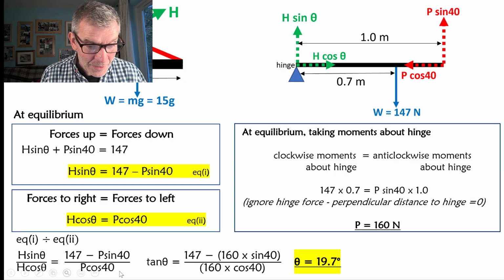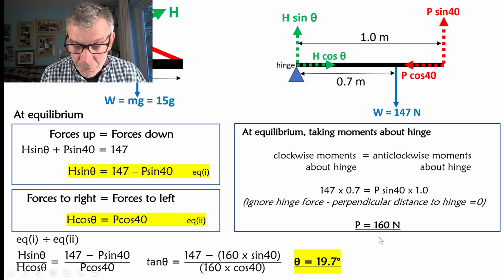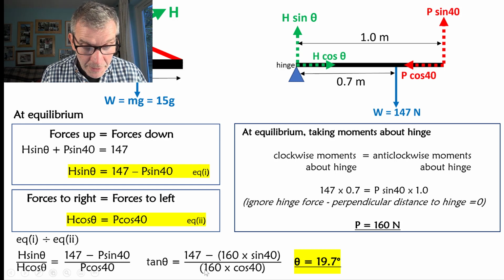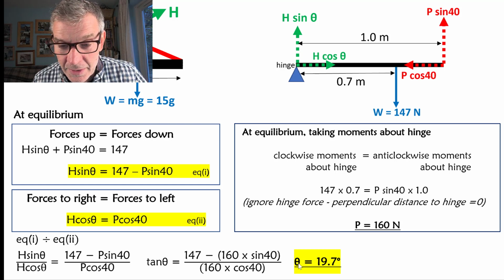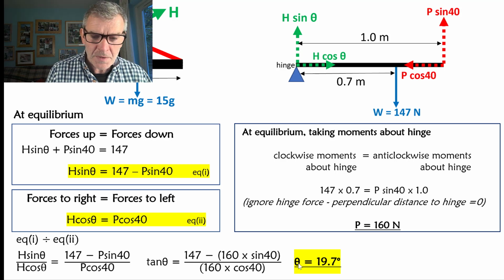So simplifying, tan theta is equal to 147 minus 160 sine 40, substituting 160 for our P force, divided by 160 times cos 40. Putting that into a calculator, theta comes out to be 19.7 degrees.